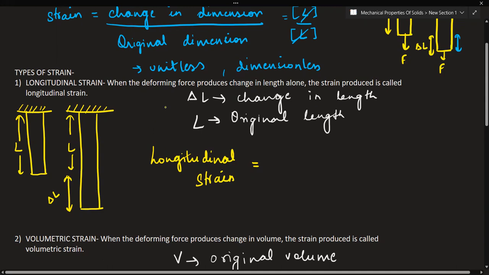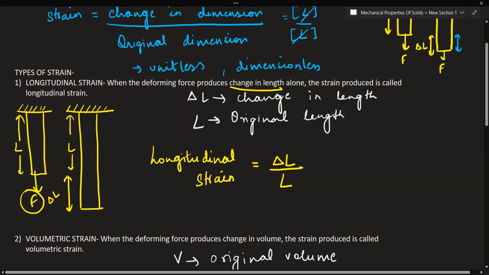So this would be change in length by original length, represented by delta L over L. What we have observed is that the deforming force caused a change in length alone.